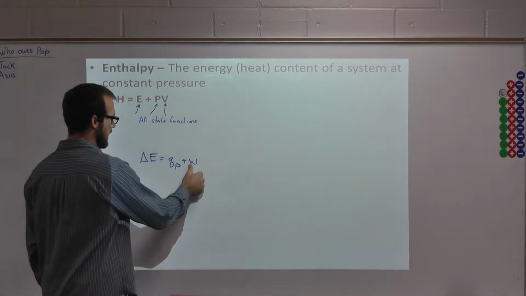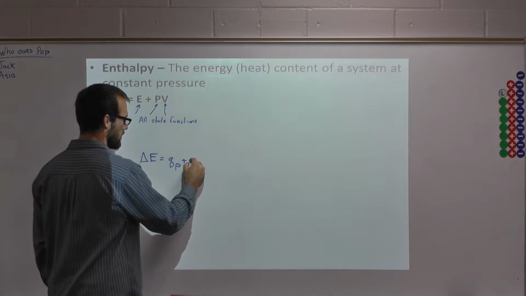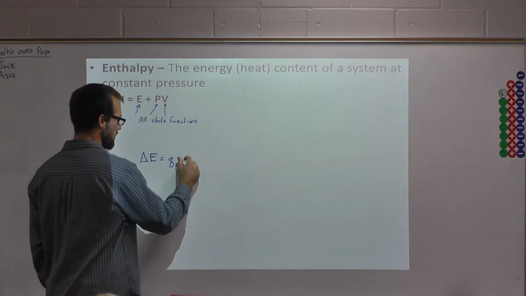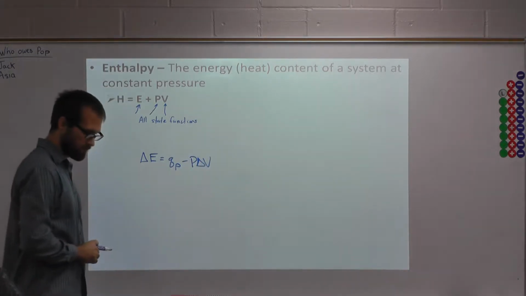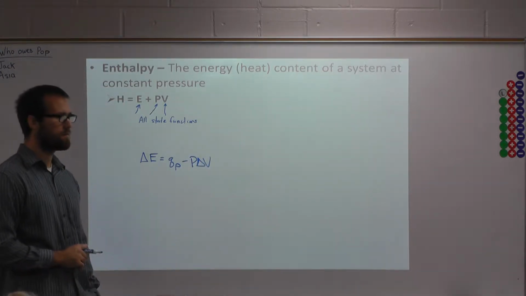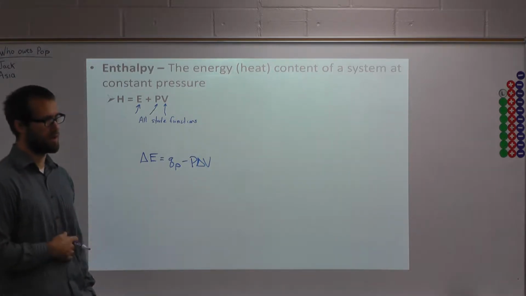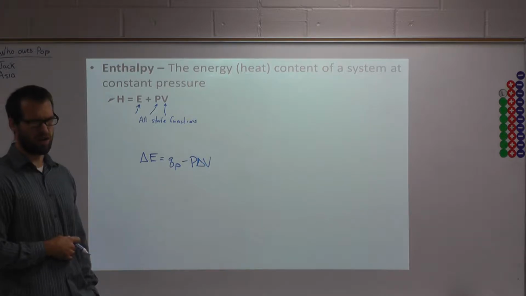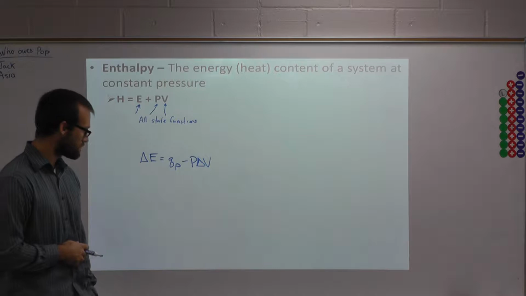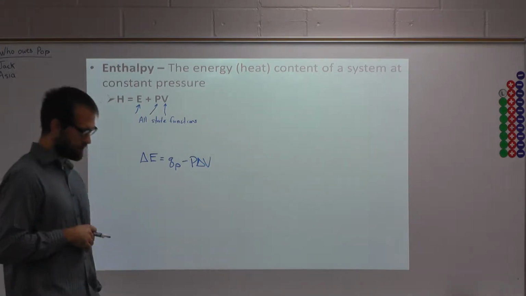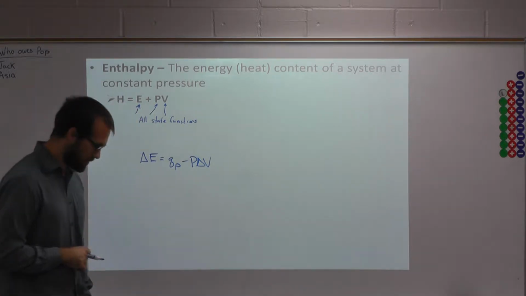What does our work equal? Force times distance, which we then input as negative P change in V, because most of the time what we're going to deal with for gases is a pressure-volume relationship. It doesn't have to be a gas for it to be a pressure-volume relationship, but a lot of times we will do that.